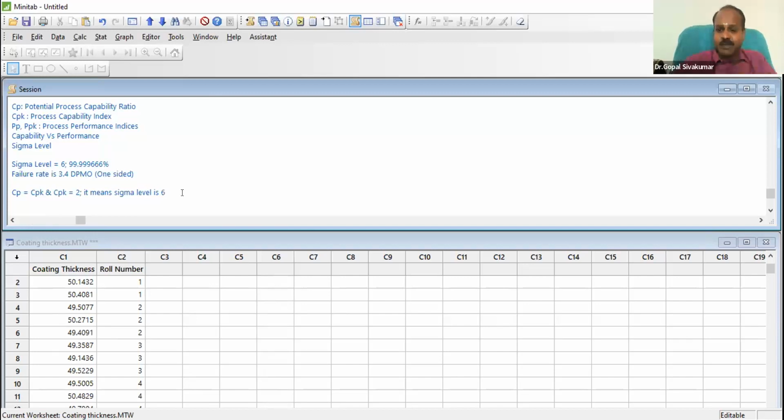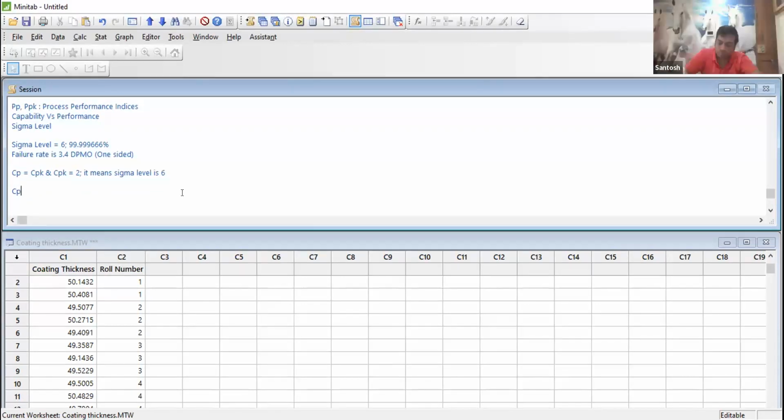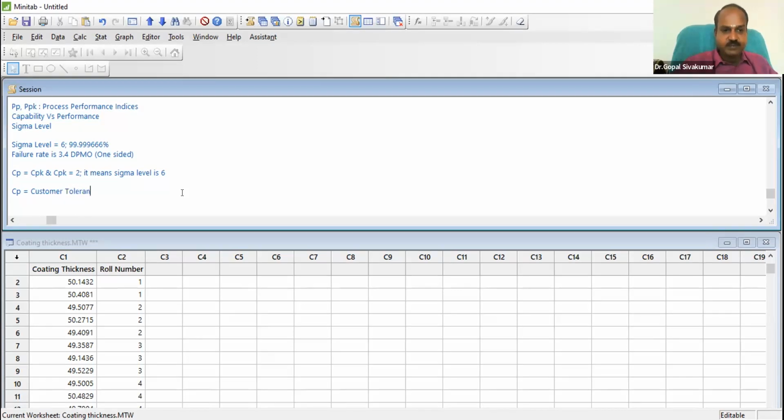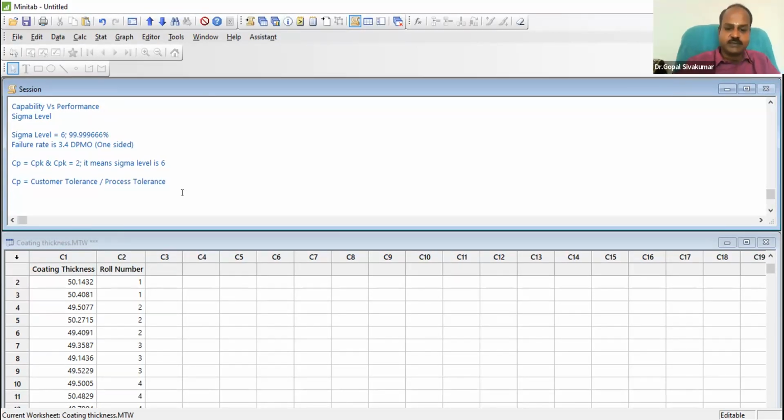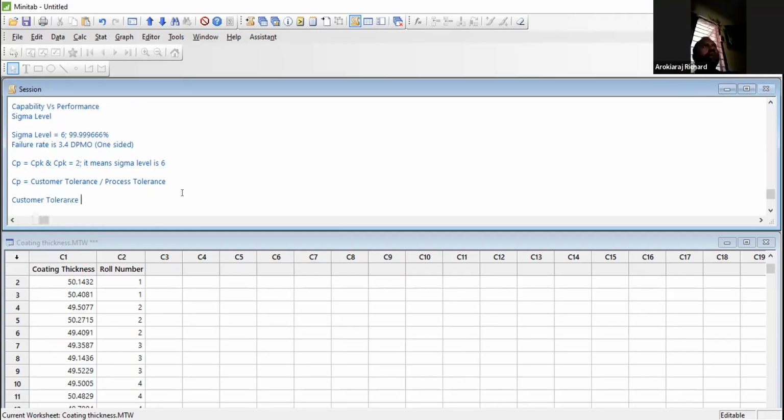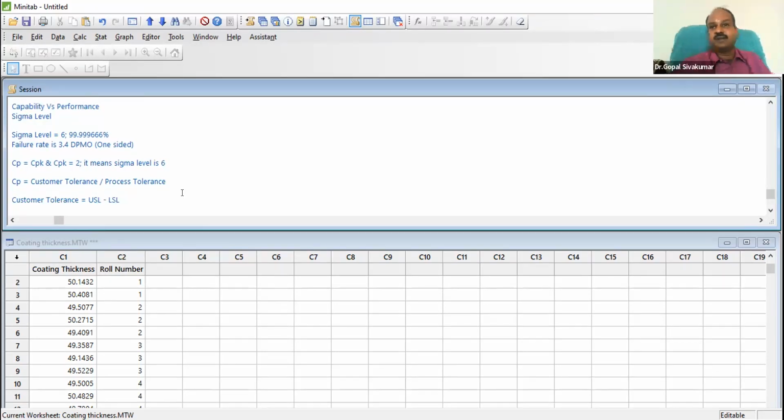So what is this CP? What is this CPK? CP is customer tolerance divided by process tolerance. All of you, are you familiar with the terms? Customer tolerance, process tolerance. What is customer tolerance? That is the customer expectation: USL minus LSL. Am I right? Upper spec minus lower spec.